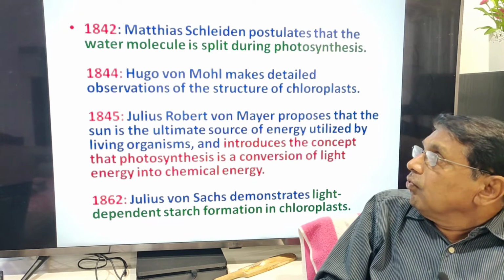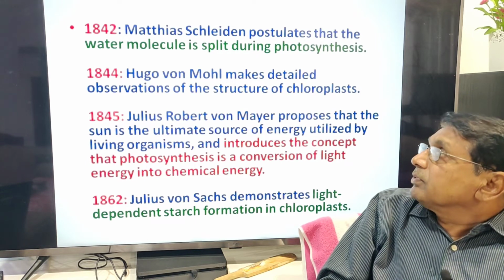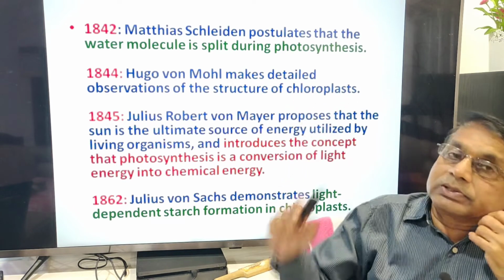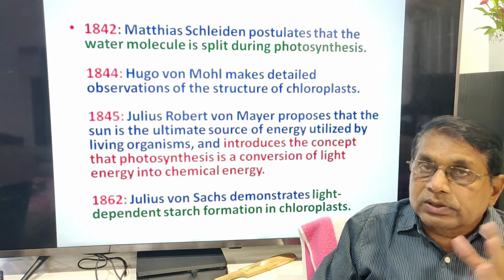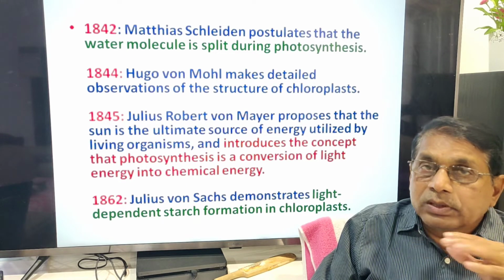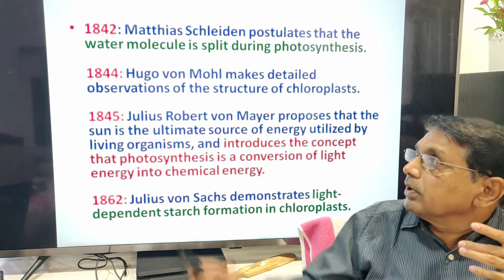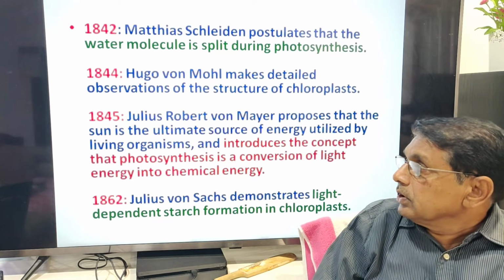In 1844, von Mohl makes detailed observations of the structure of the chloroplast. Today we know the chloroplast has a double membranous structure, stroma, grana, thylakoids, such observations.